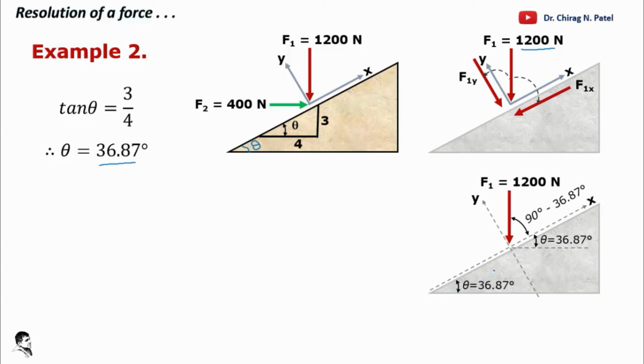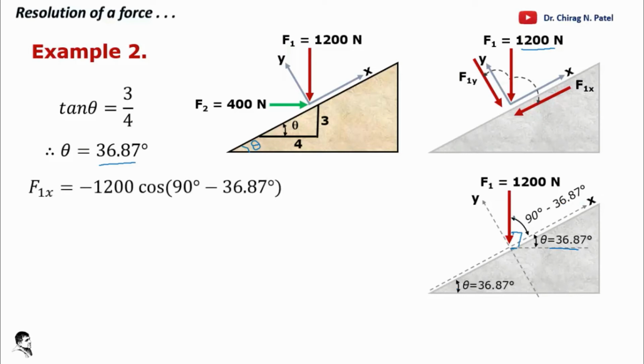Now with this theta, this is the horizontal line, and with the incline this is also theta equal to 36.87 degrees. Between this 1200 Newton force and the horizontal we have a complete 90 degree angle, so this angle would be 90 minus 36.87 degrees.